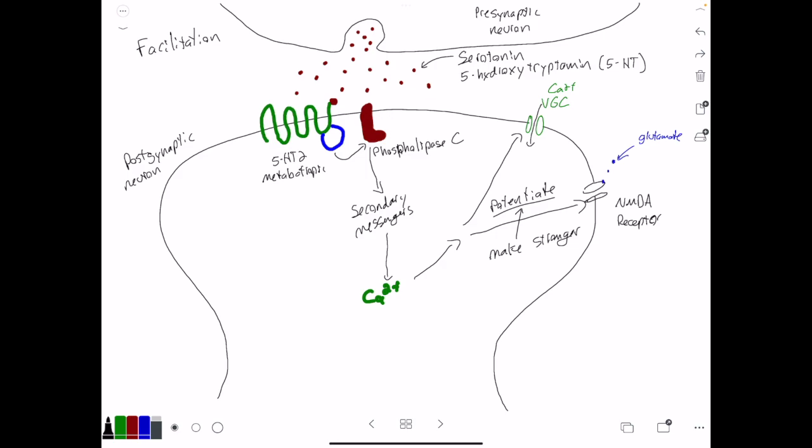And so these calcium channels are involved in responding to the signal of a neurotransmitter. So if you can enhance or potentiate calcium voltage-gated channels and make them stronger, then the binding of a neurotransmitter such as glutamate is going to give us a stronger postsynaptic effect.